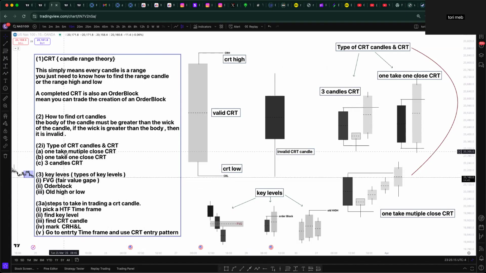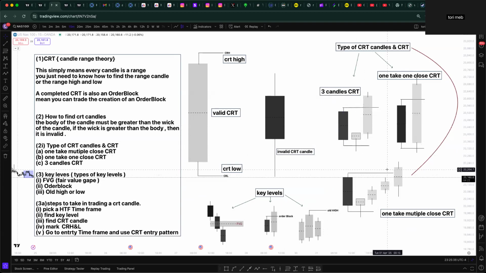So we have the one take multiple close CRT candle, where we have the CRT candle and we have the manipulation candle. I'll explain to you guys what the manipulation candle is, what CRT is in general, and what you're trading in a later video.